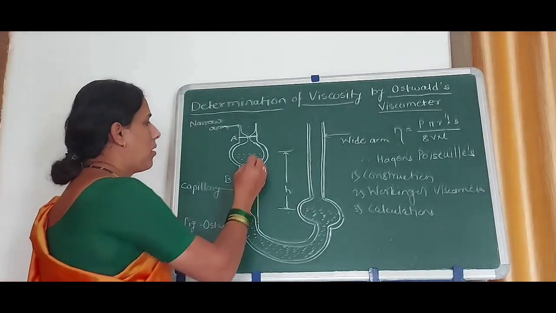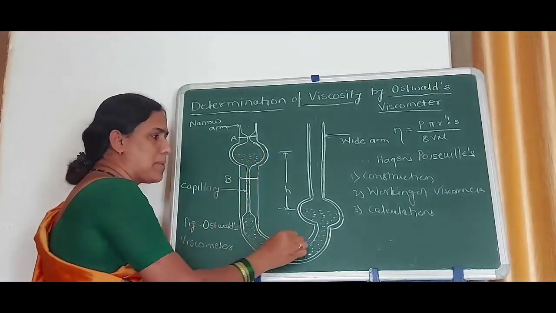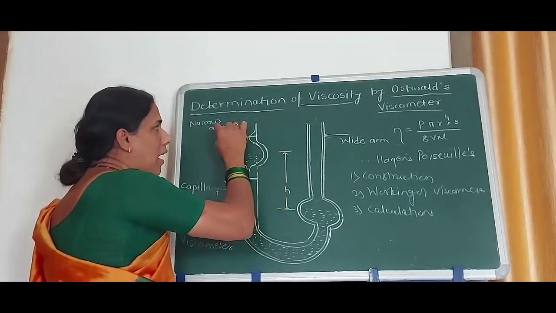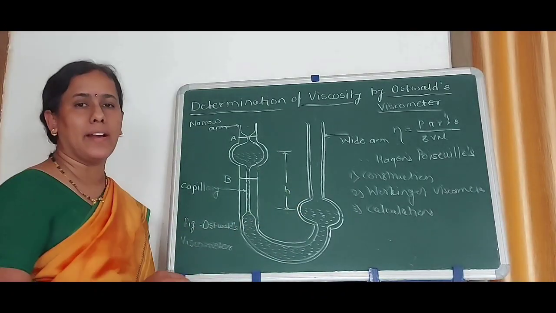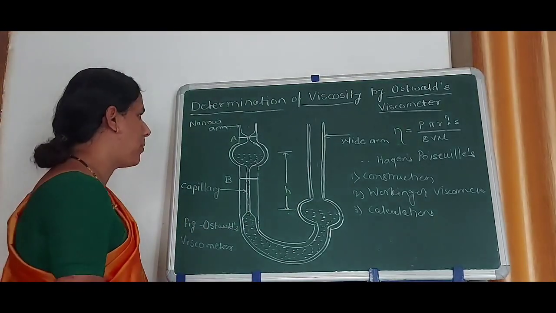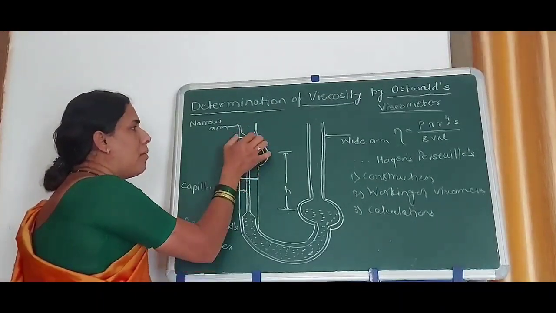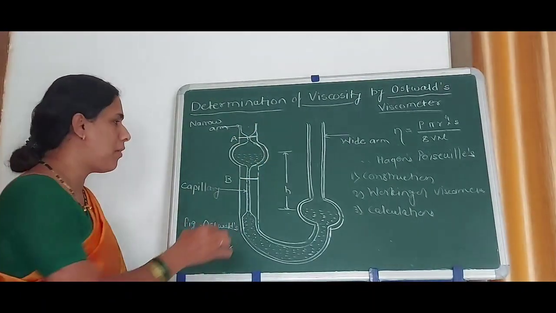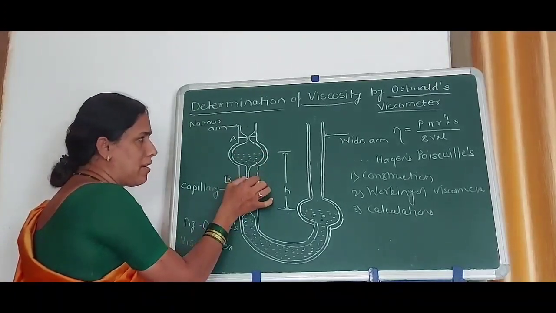Now the height between the two bulbs of the narrow arm and wide arm is measured in terms of height, that is equal to h in centimeter. In the narrow arm, at the upper position of the bulb there is a mark, and at the base position of this bulb there is a mark.